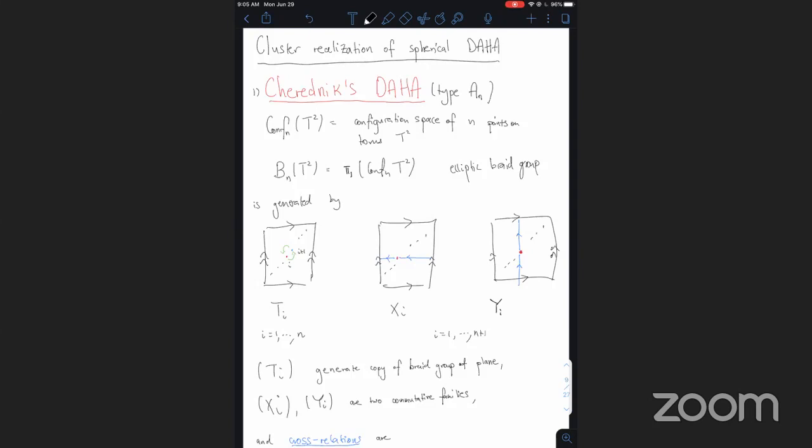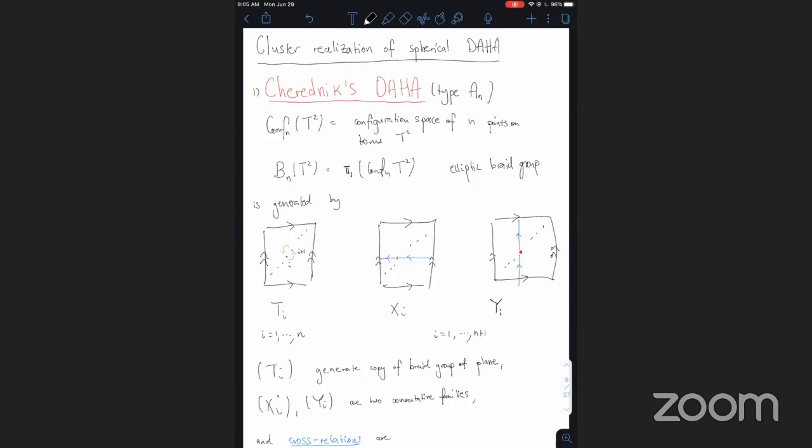Okay, so the topic of my talk is going to be an alternative functional representation of the double affine Hecke algebra of type A. So I think it'd be good to begin by giving a quick reminder of what kind of objects these double affine Hecke algebras actually are.